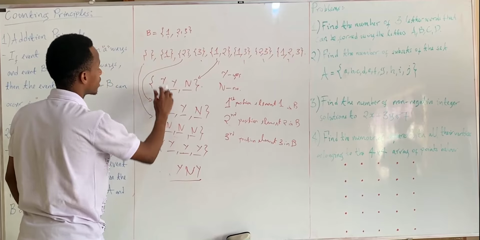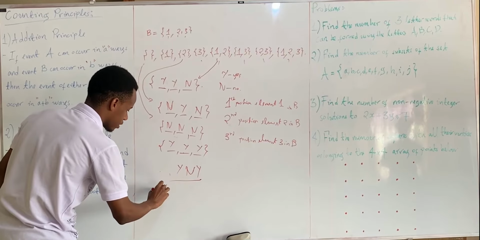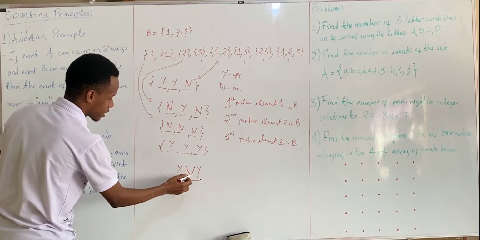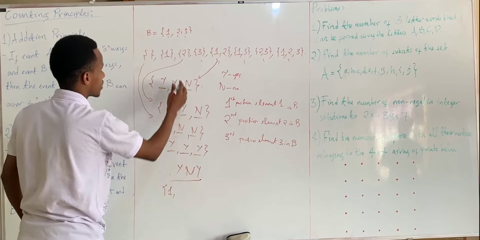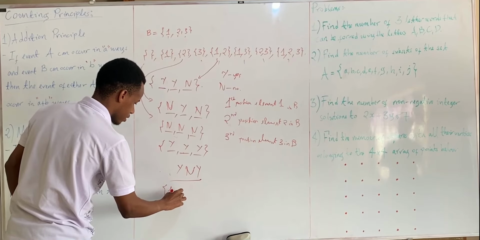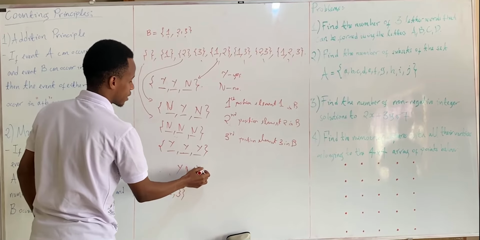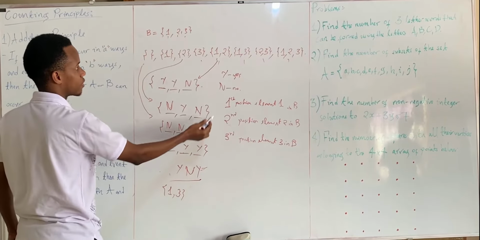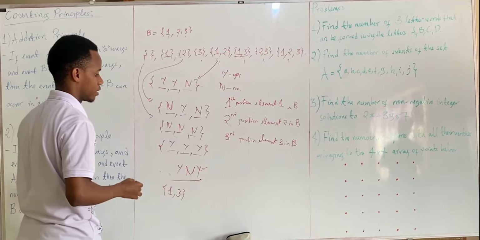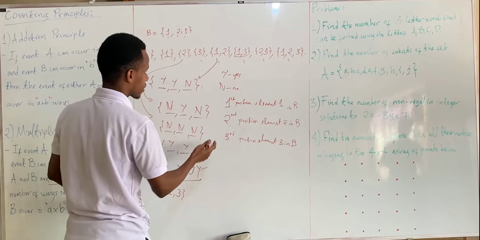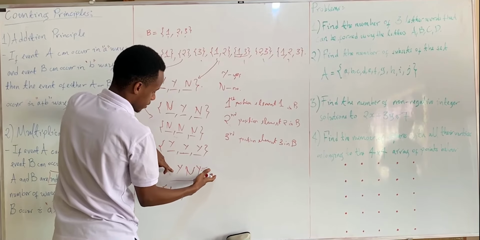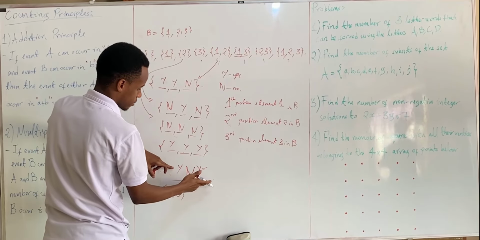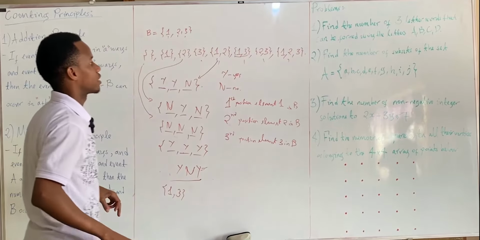A yes means it contains 1. A no in the second position means it does not contain 2, so we skip 2. And then a yes for the third position means it contains 3. So this 3-letter word actually represents this subset here, 1, 3. Okay, and for each subset, we can form a 3-letter word, and for any 3-letter word with y or n at its positions, we can find a unique subset.